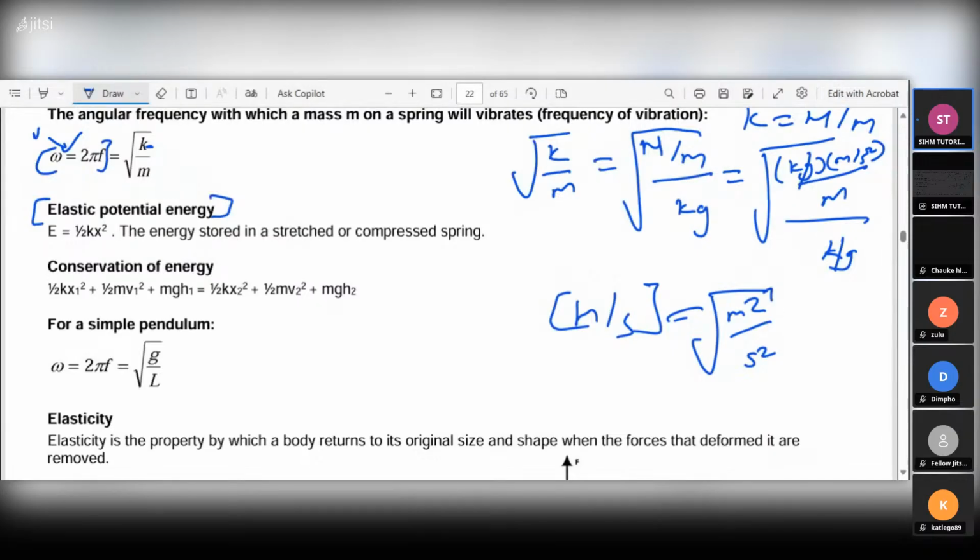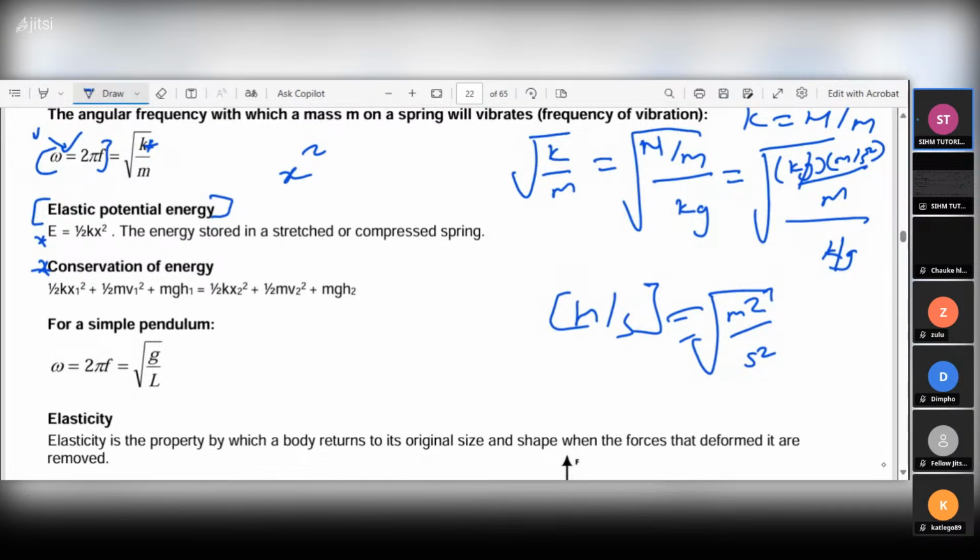So here, if you can check on this part, we have the elastic potential energy, which is E equals half K. Remember this K is still the same as this K here, X squared. This X squared is still there. Remember, it is the displacement of the spring, so this depends on the position of the spring. That's why here you have the conservation of energy for a simple harmonic.